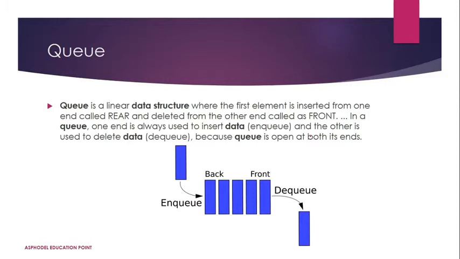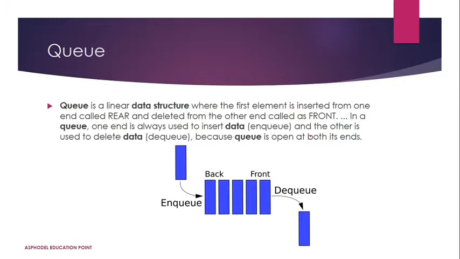Adding something into the queue means the method we call is enqueue, and whenever I want to remove an item from the queue, the method called should be dequeue. For removal we use the dequeue method, operated at the front of the queue, and for insertion we call the enqueue method, always implemented at the back of the queue.